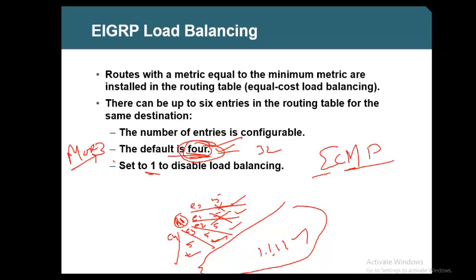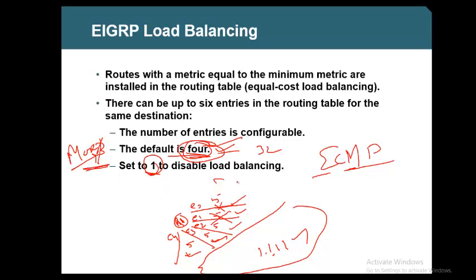All right, next. If you do not want to do load sharing, meaning out of 5 only one link will be active at any point of time, then you set the max path to 1.